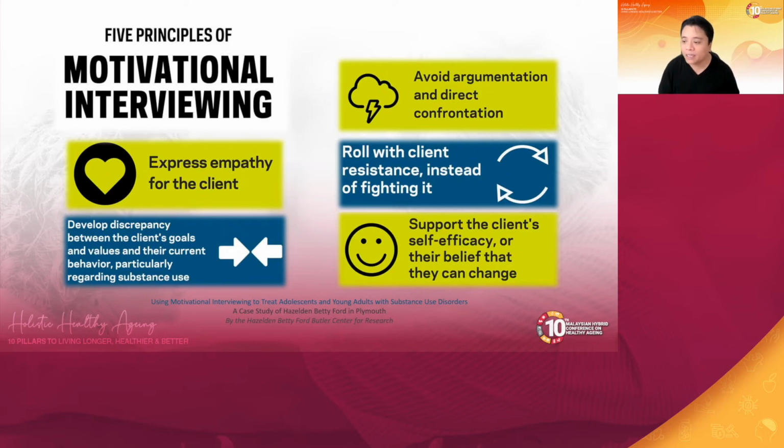As you can imagine, this is a very difficult job. So they added something which is also, I would say, part of rolling with resistance: avoid argumentation and direct confrontation.